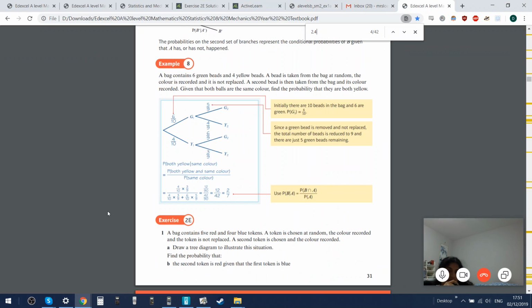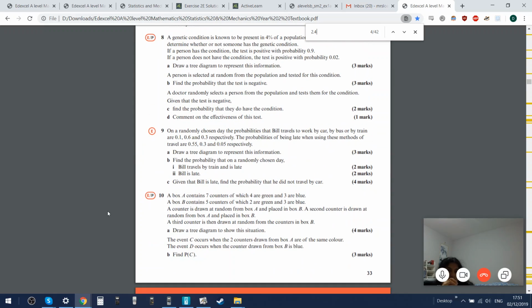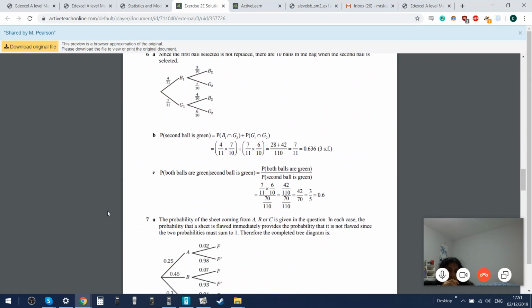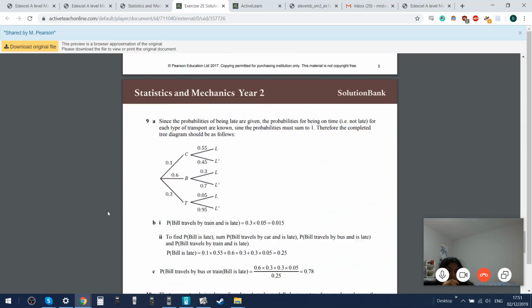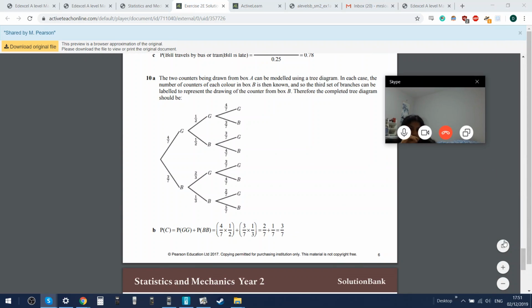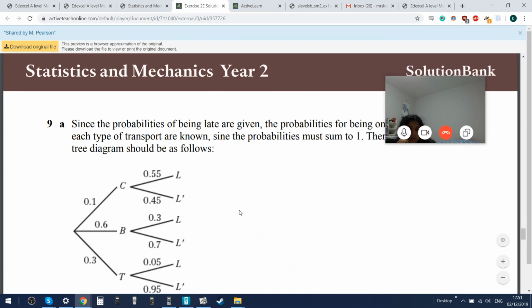This is question 10, undoubtedly. There it is, question 10. Okay, our tree diagram's way wrong. That's why.